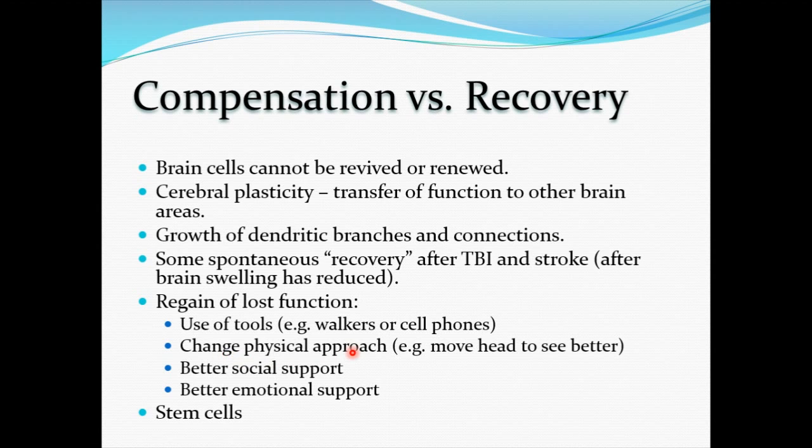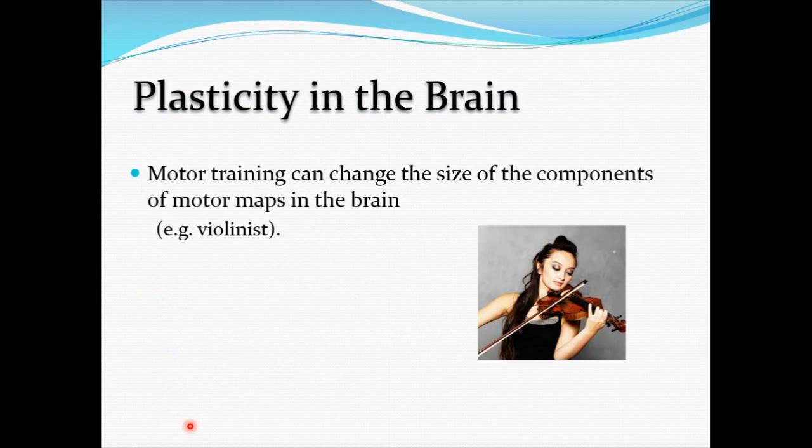Sometimes people just need to change their physical approach to things, like move their head to see better. Social support has been shown to be of tremendous help in helping a person function better after brain injury, and emotional support as well. And we know that there's a lot of research going into stem cells, little cells that can develop into other brain cells, into any other cells really. So there's a lot of research going into that, to see if we can use that to increase brain functioning.